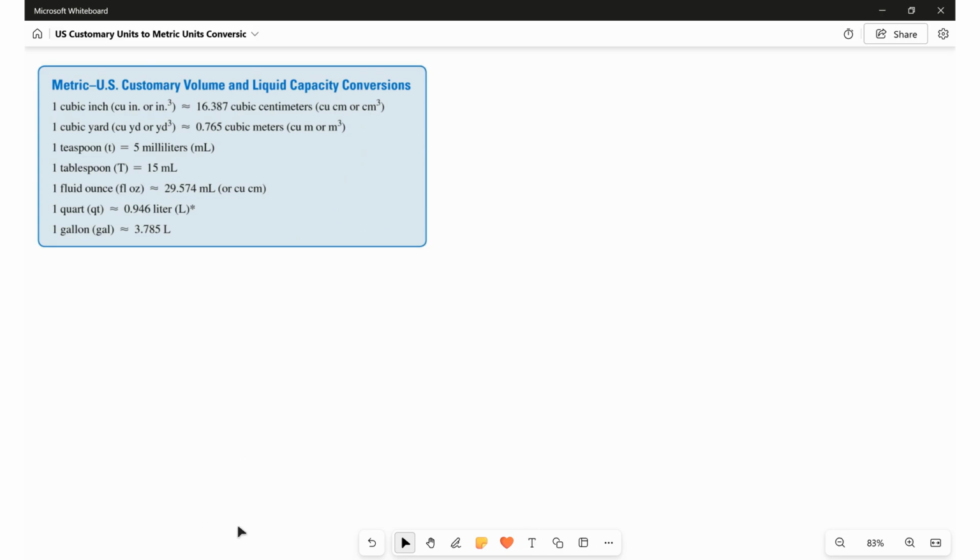Now let's look at some volume conversions, and let's look at this in a more practical manner. Let's look at a health application. This comes from healthcare. Suppose we have a patient who gets 30 milliliters of a medication twice per day.